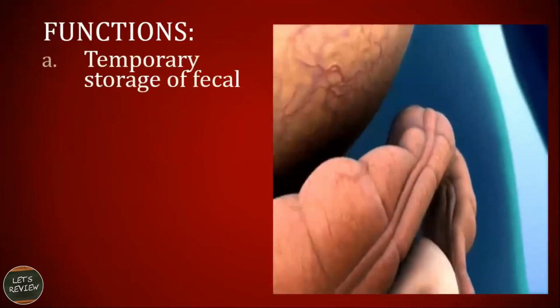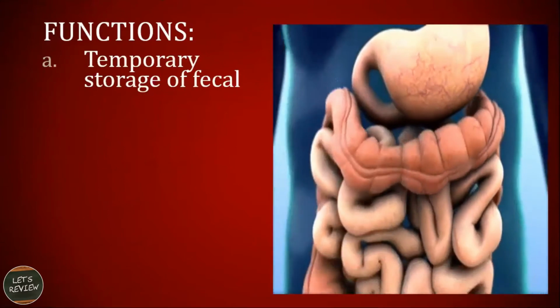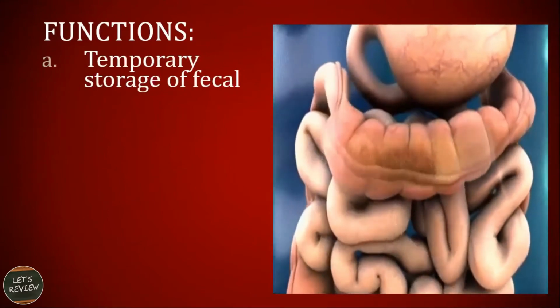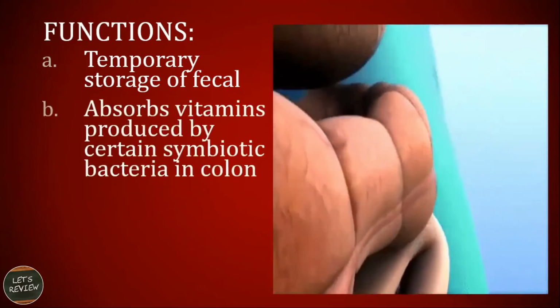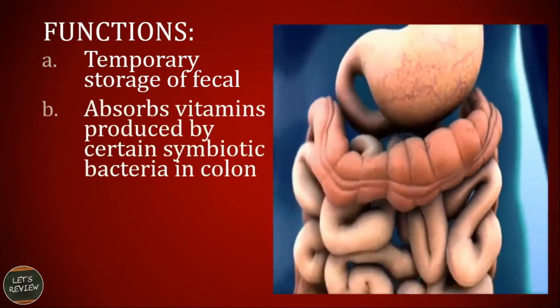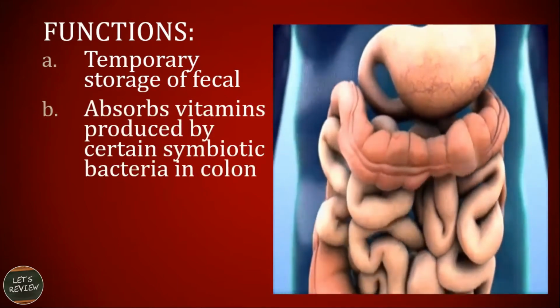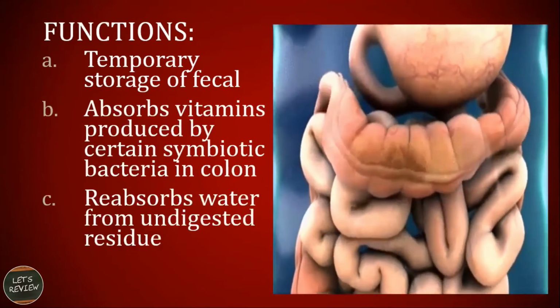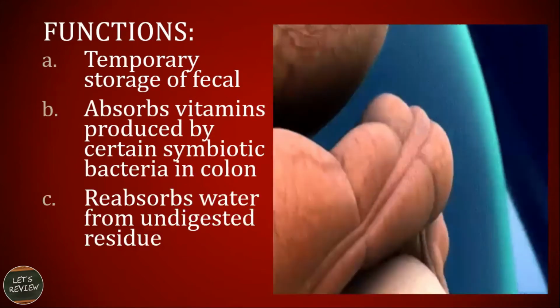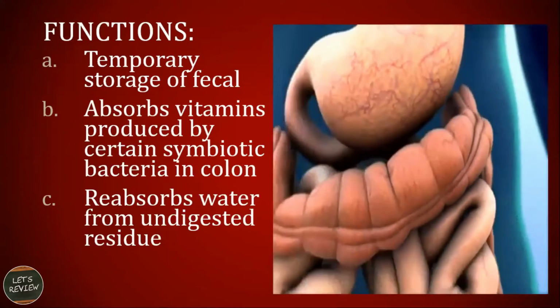The functions of the large intestine or the colon are: number 1, temporary storage of the fecal material. Number 2, it absorbs vitamins produced by certain symbiotic bacteria in the colon. And the third, it reabsorbs water from undigested residue.